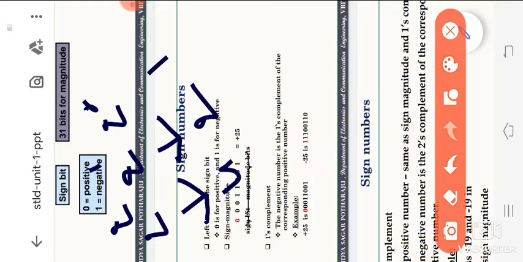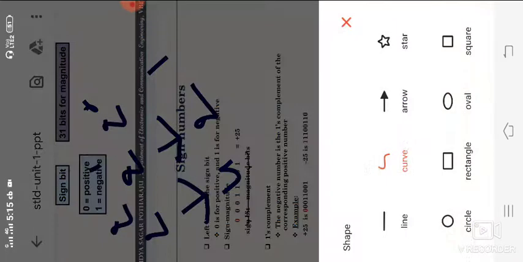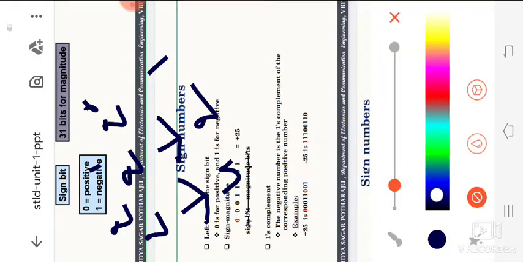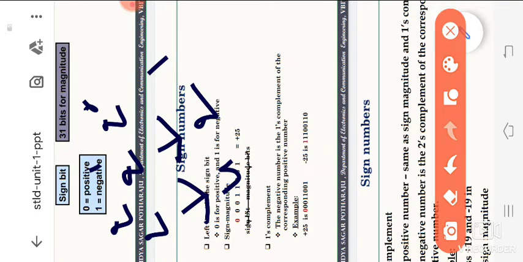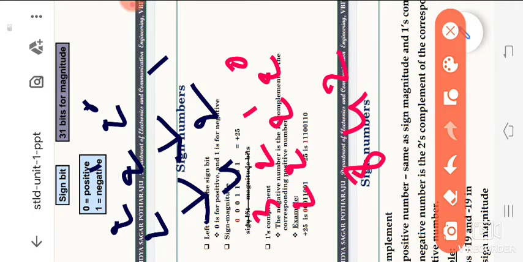Like that, in 8421 you have to observe 2 power 0, 2 power 1, 2 power 2, 2 power 3, then 2 power 4 and so on, that means 16. You have to put those values here.